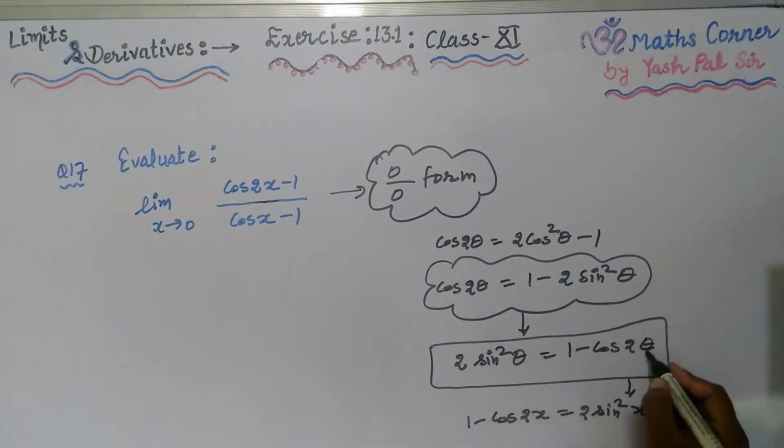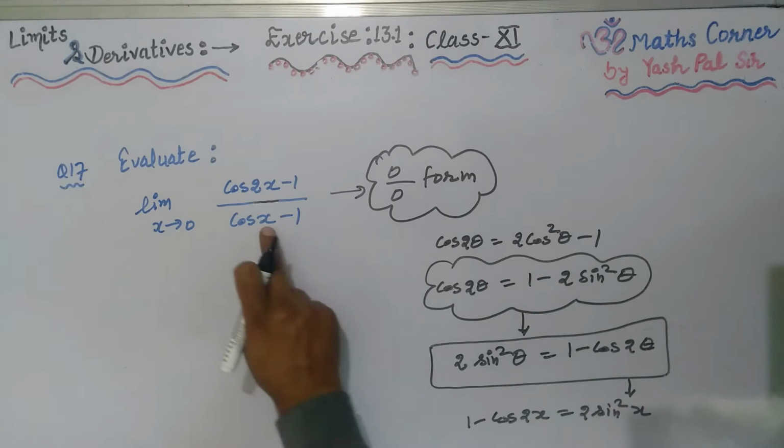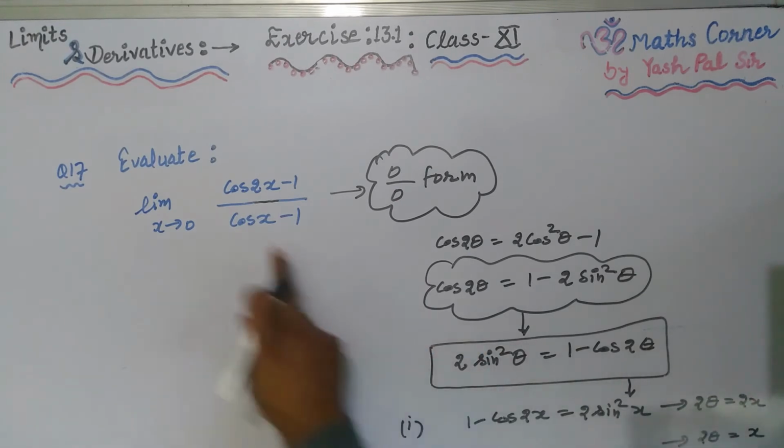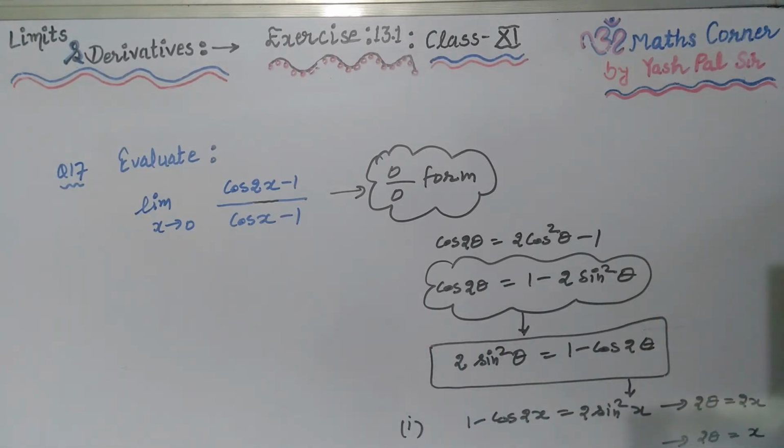Second time, here 2 theta was 2x. Second time we put 2 theta is equal to x to make the denominator, right?